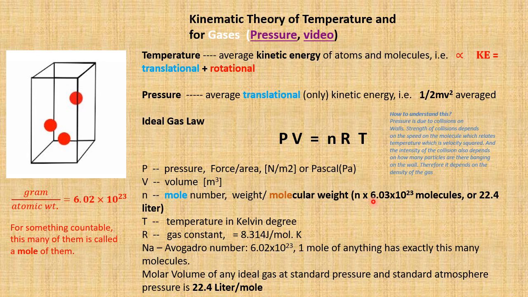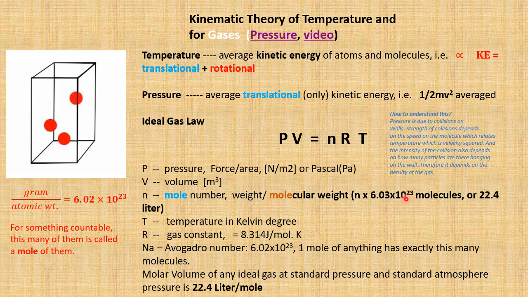Well, 6.02 times 10 to the 23. It's quite a lot. But if I have 1 mole of helium atoms, how many of them? Same number, 6.02 times 10 to the 23. Actually, 1 mole of anything has this many things.